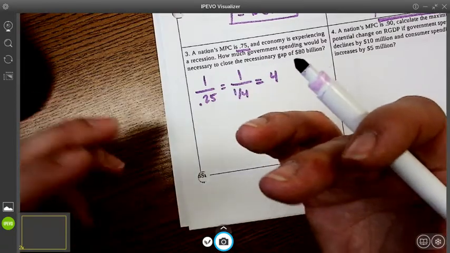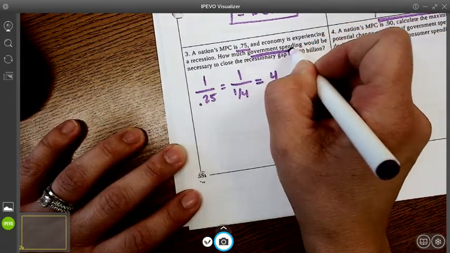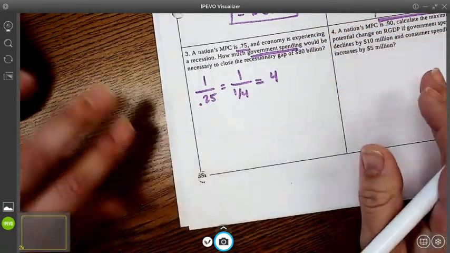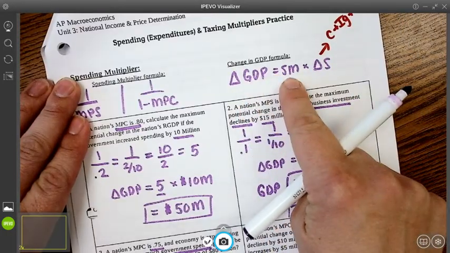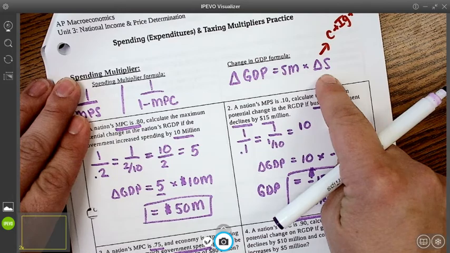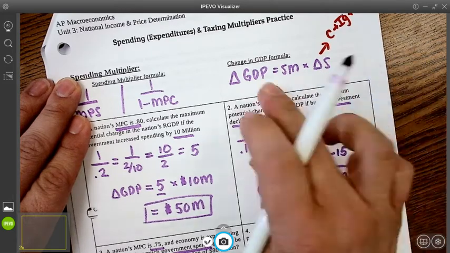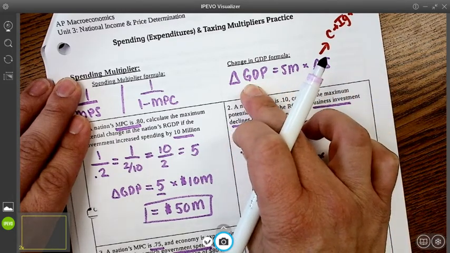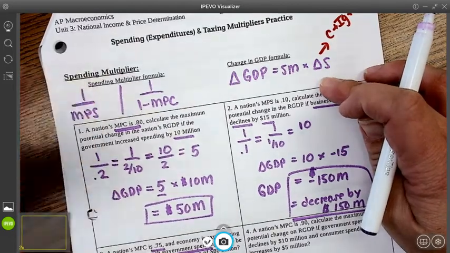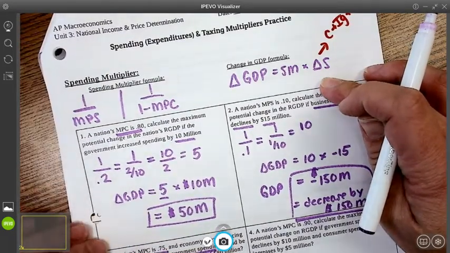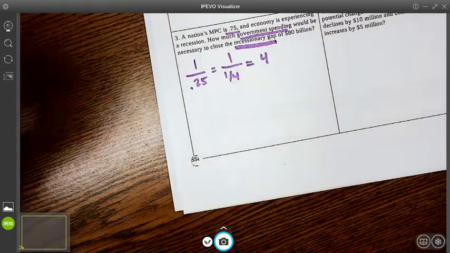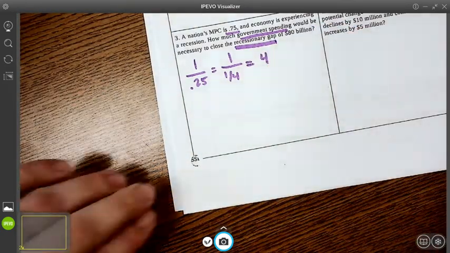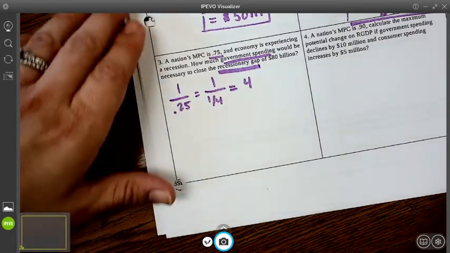Now we're sort of changing the task. We want to solve here for how much the spending is. So go back to your formula. The change in GDP equals the spending multiplier times the change in spending. So therefore, if I know the change in GDP that's needed, I then can prescribe the change in spending that's necessary. So recessionary gap is a term that you may or may not be familiar with just yet in your studies. It depends on when you're watching this video.